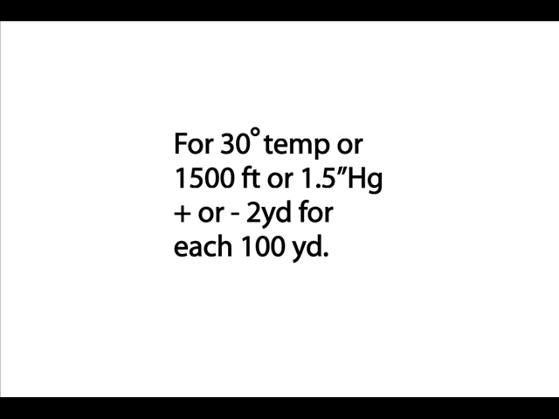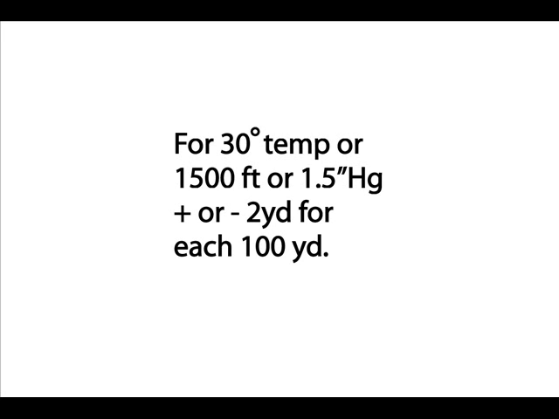So let's say your pressure decreases by 1.5 inches, then once again your bullet is going to be shooting flatter than standard, so you need to subtract distance from your standard range estimation.